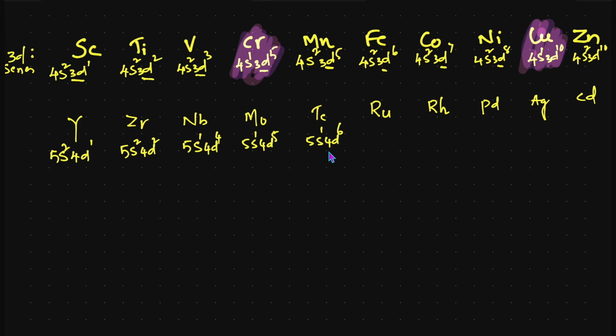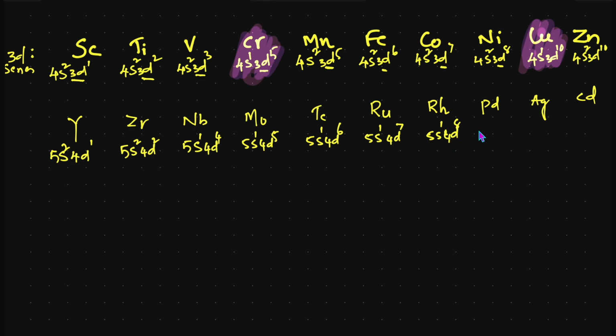Technetium is going to be 5s1 4d6 electronic configuration. Ruthenium is 5s1 4d7, right? Rhodium is 5s1 4d8. Many exceptions are here.